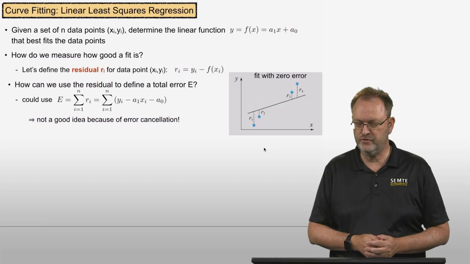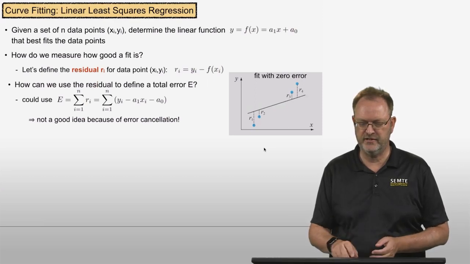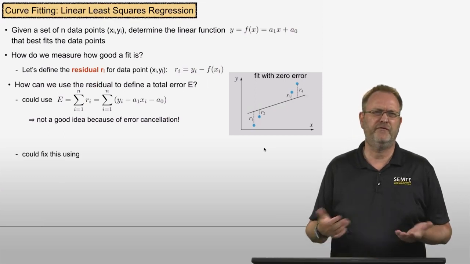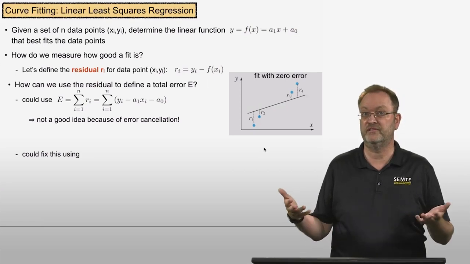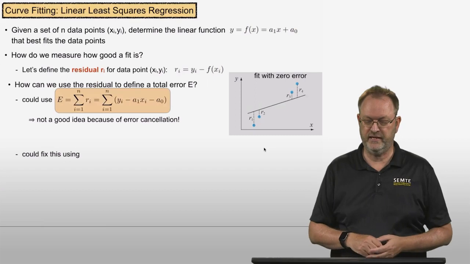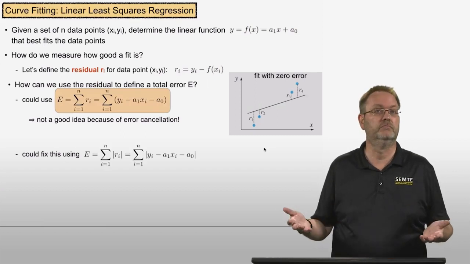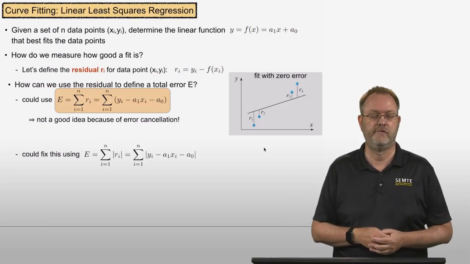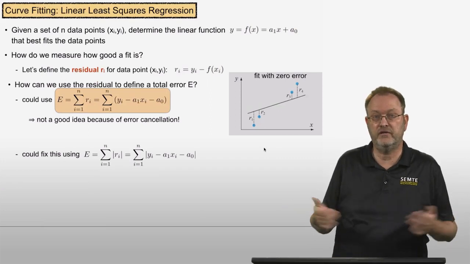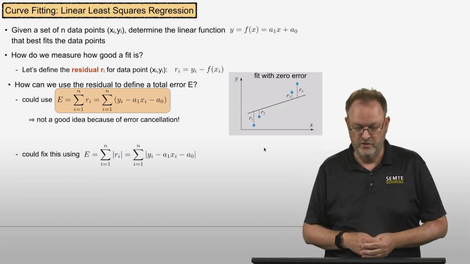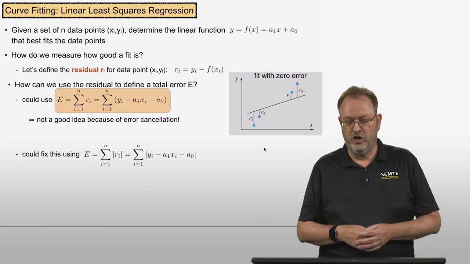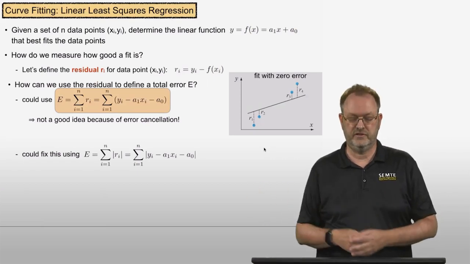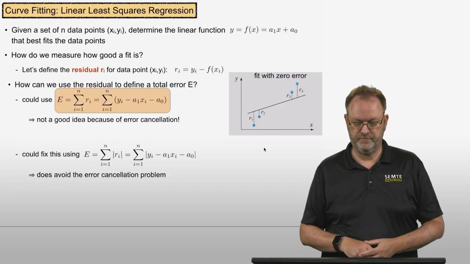What else can we do to get rid of the error cancellation? Well, we could fix this by not taking the residual with a sign, but by taking the absolute value of the residuals. That would certainly get rid of error cancellation. So I'm just going to define the error as the sum of the absolute values of the residuals at the individual data points.